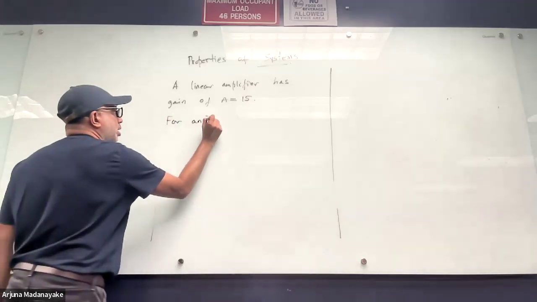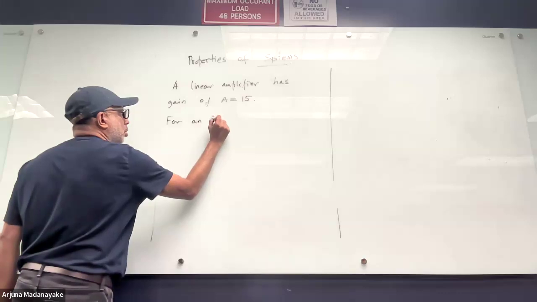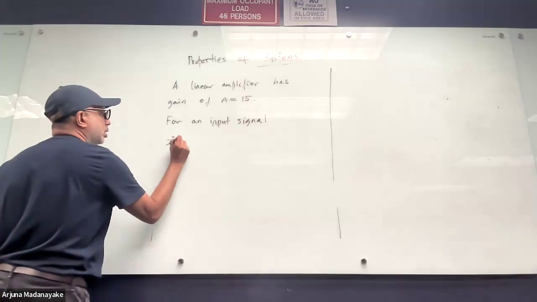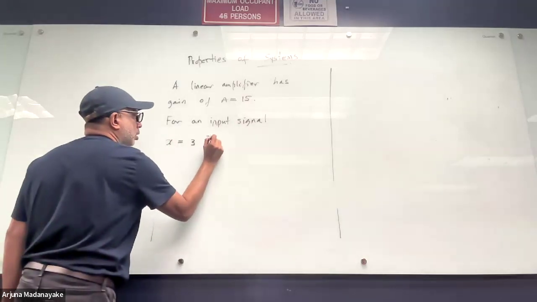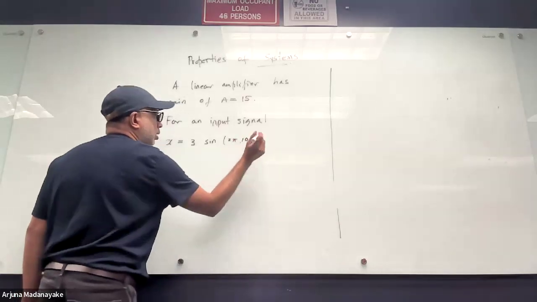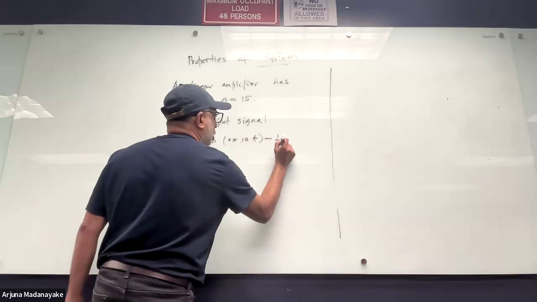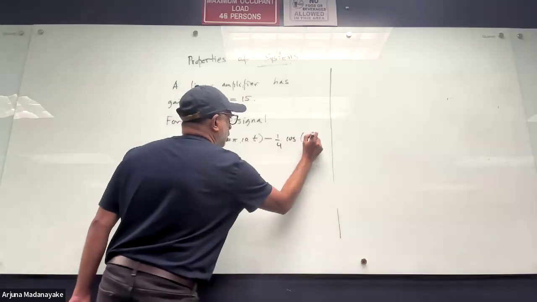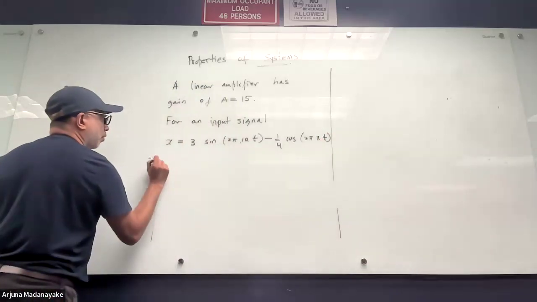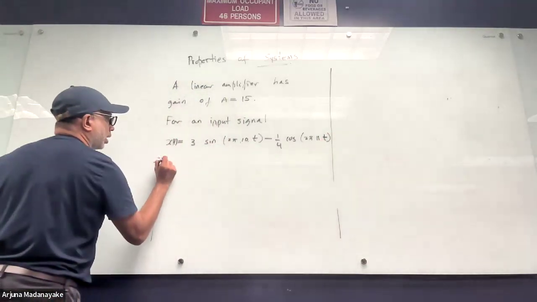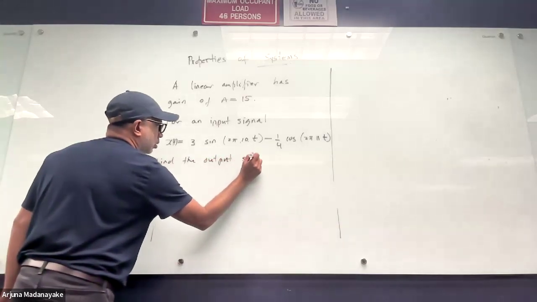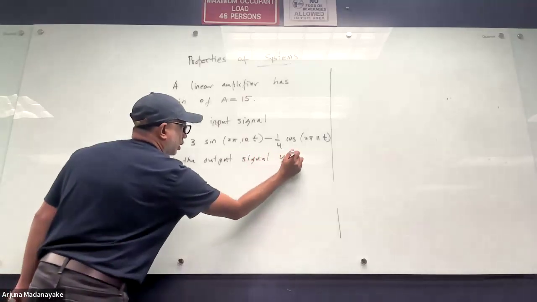So an input x equals 3 sine 2 pi 10 t minus 1/4 cos 2 pi 11 t. Find the output signal y of t.